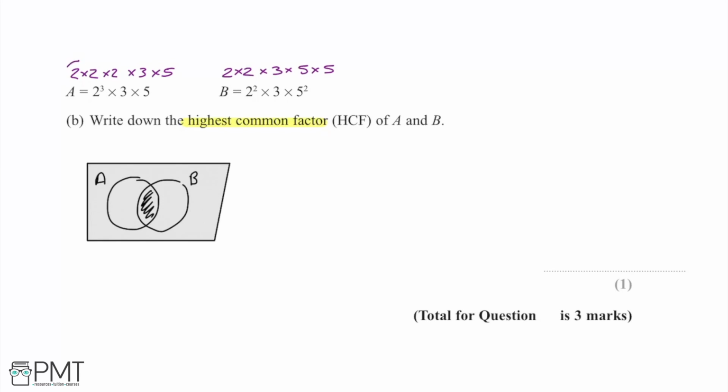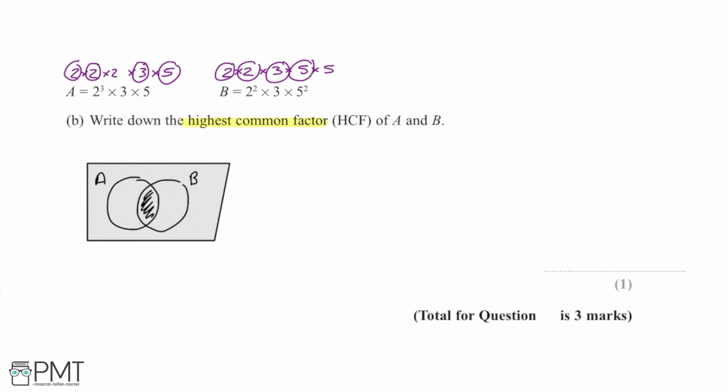So if we take 1, 2 from each one, and then we can also take another 2 from each one here. We can take the 3, that's common, and then we can take 1, 5. So there's lots of common factors here. However, we have this multiplied by 2 in A and the 5 in B, which aren't common, so we can just work with the ones that we've circled.